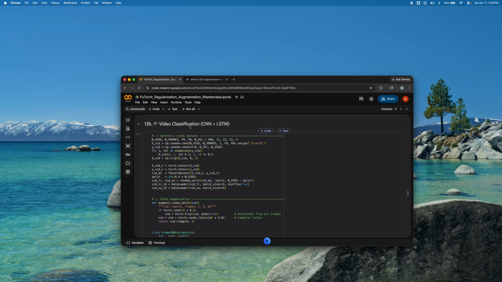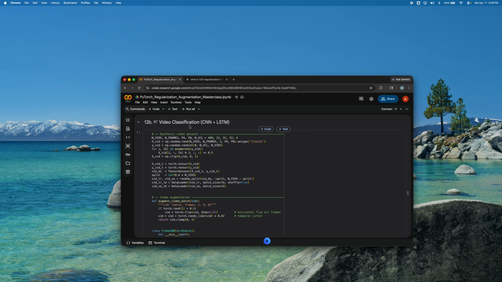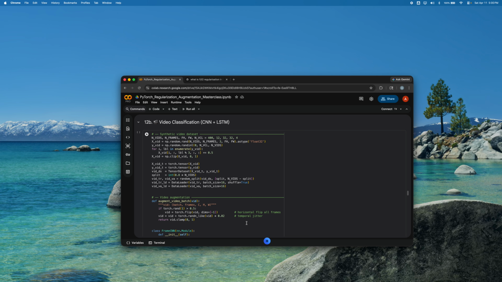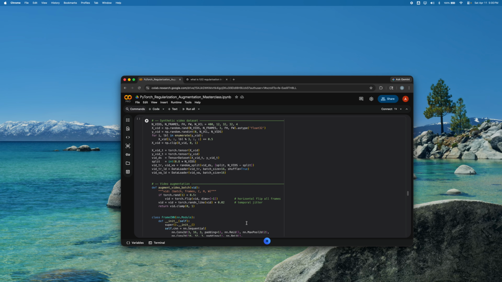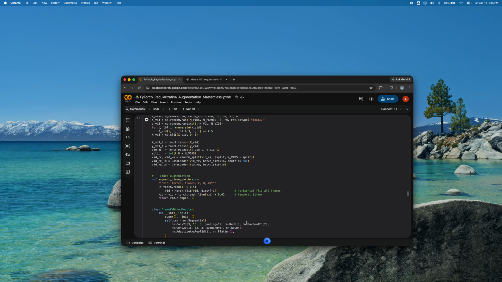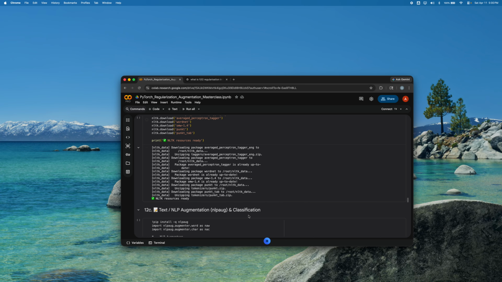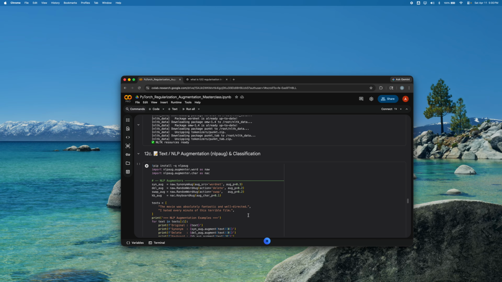Then we have video classification using a CNN plus LSTM architecture. Each video frame is passed through a CNN to extract features, and then an LSTM processes the sequence of frame features to capture temporal patterns. You can see the values here.